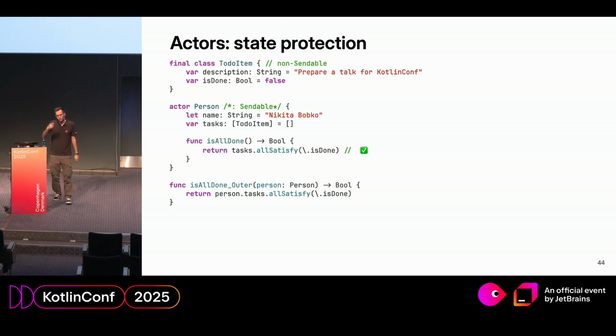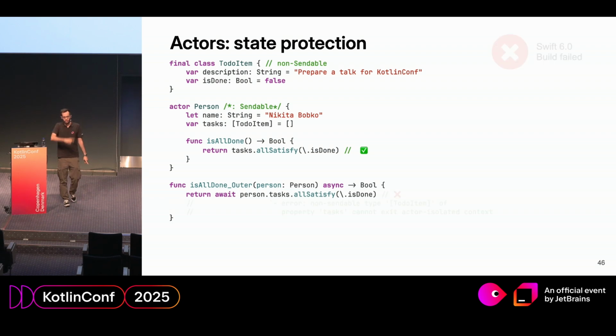But if we try to declare the very same function outside of an actor, the first thing you notice is that Swift will require you to put an await keyword, because accessing properties or calling functions on an actor is similar to sending a message to an actor, as we saw in the classic actor model. And for that, you have to yield to send a message, then receive a response, and then continue your execution.